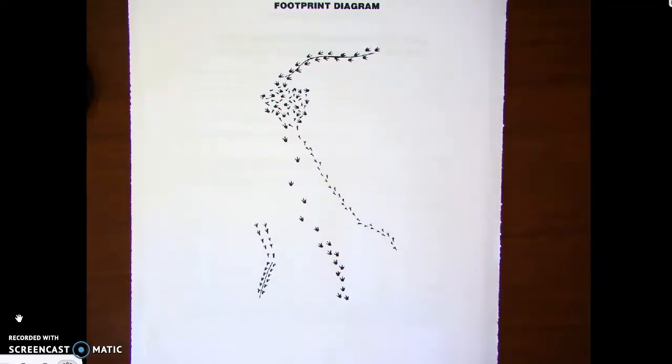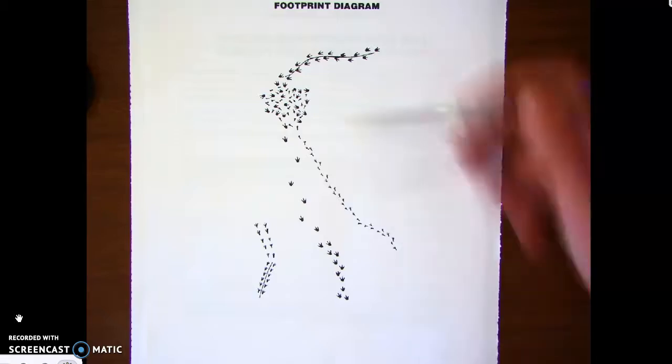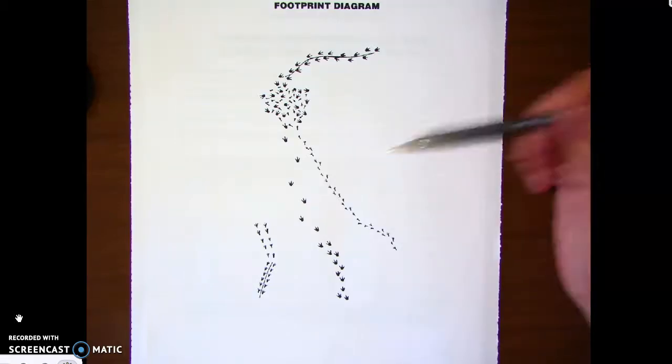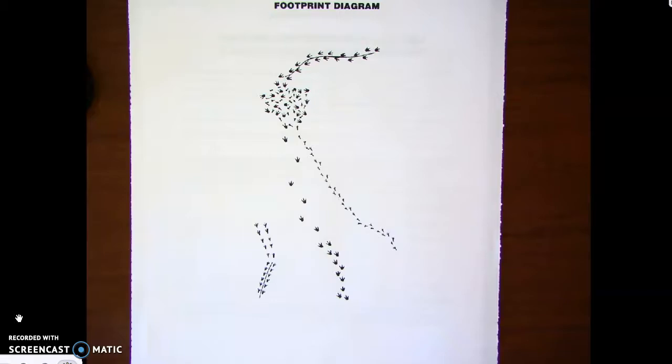So some things to think about would be, well, what kind of animals were involved? Were all the tracks made at the same time? How many animals are represented by the tracks? What is the scale of the diagram? We have no sense of scale. Maybe these footprints are really big, maybe they're really small. What direction of movement is indicated by the tracks? How many legs did the animals have?